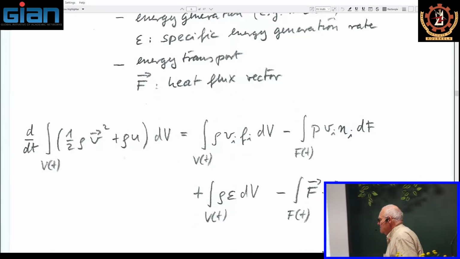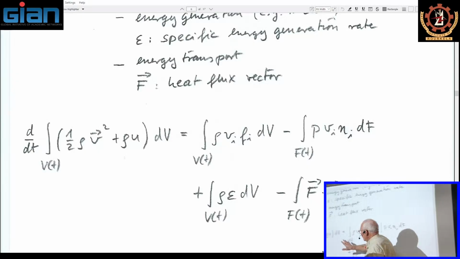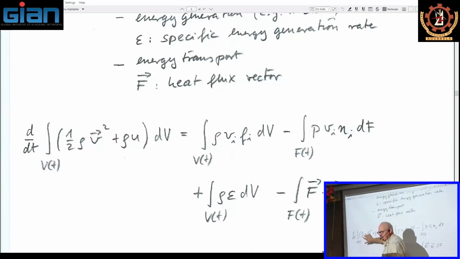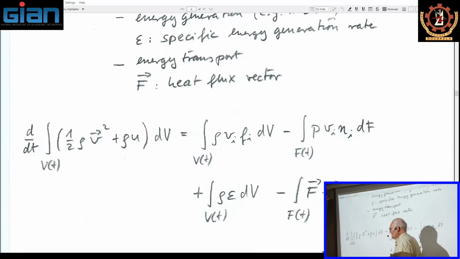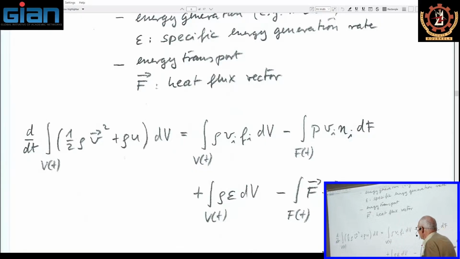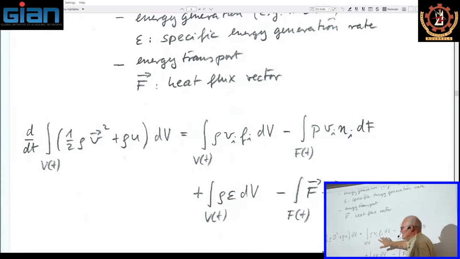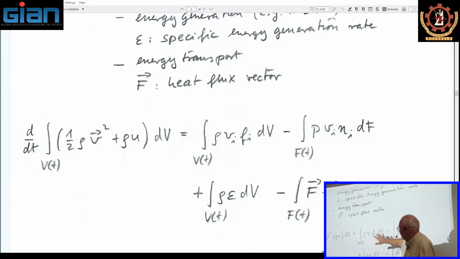Well, this is the change of the total energy, composed of the kinetic energy and the internal energy, change with time in the Lagrangian sense, change of energy in our mass element. Okay, so the first term is the work done by the volume forces.